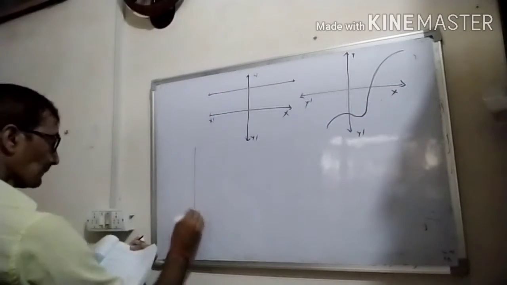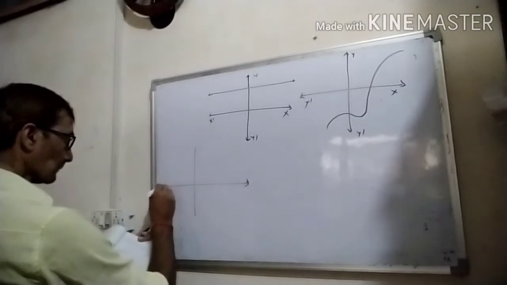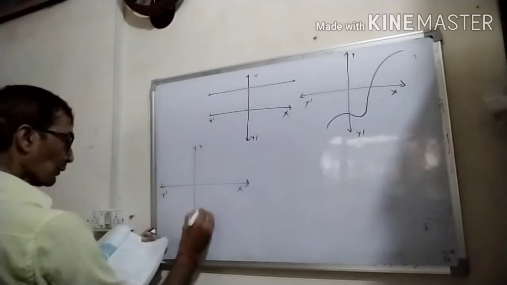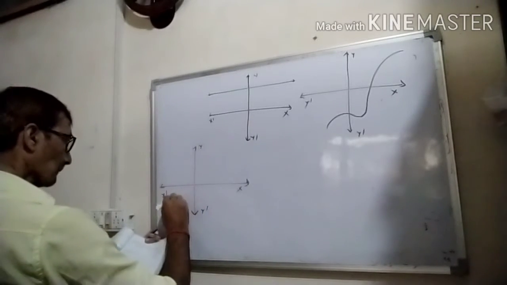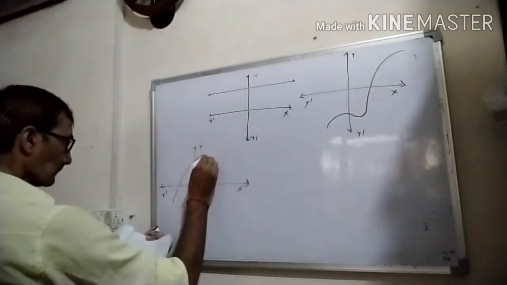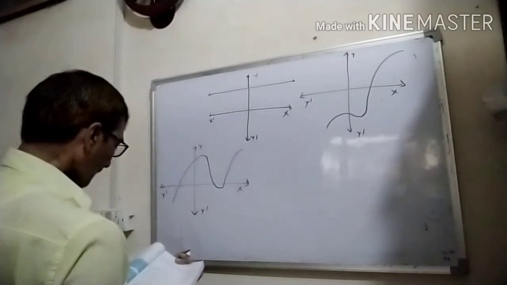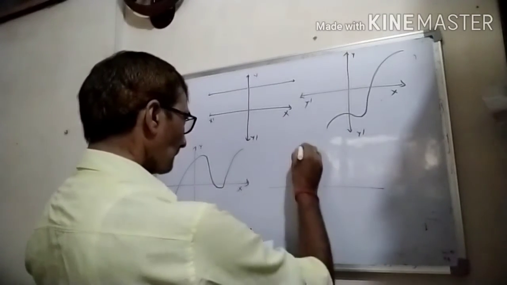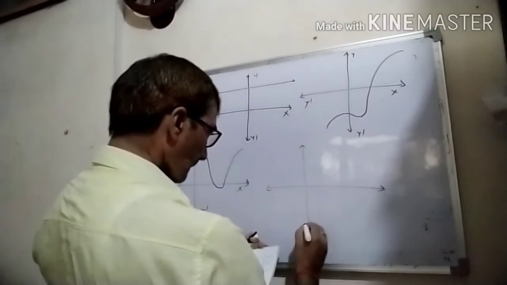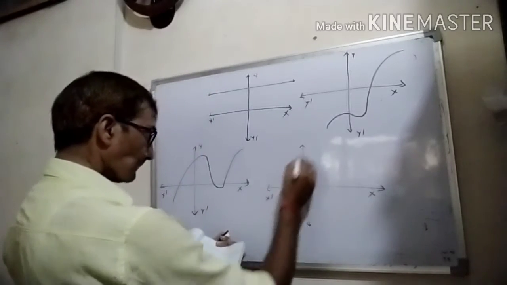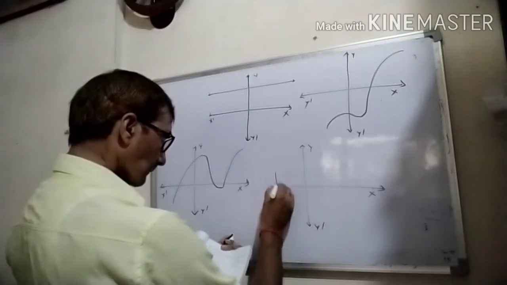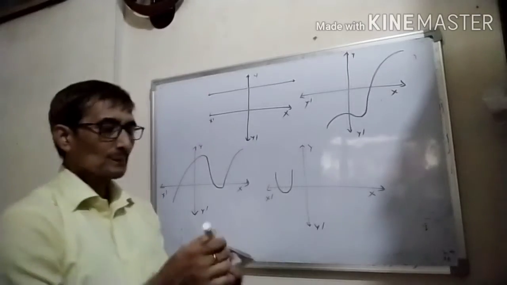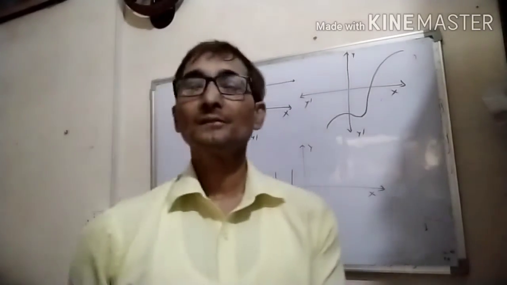Third is y dash, third is, and fourth is, similarly sixth and seventh.